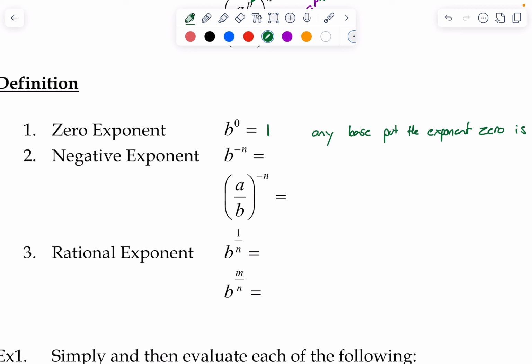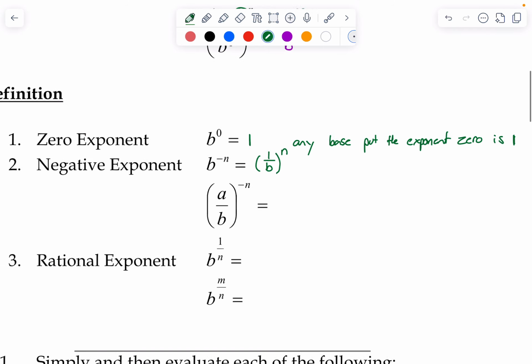When I say flip it, what I mean is you write it as 1 over whatever it was, in this case b. And you do that, and that's how you get rid of that negative exponent. So now you have 1 over b put to the exponent n.